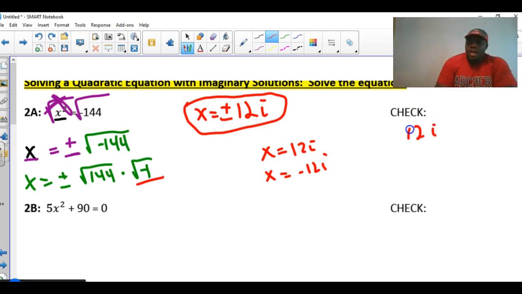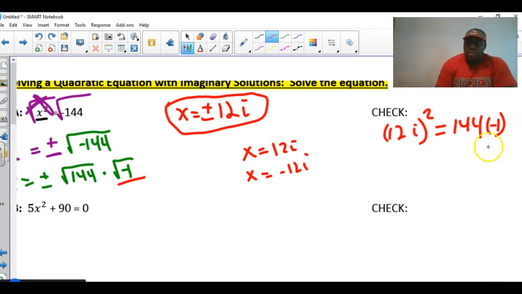If I took 12i and squared it, we know that 12 squared is 144. And we know that i squared, remember, you have to square everything in here. If you remember at the beginning of the notes, we said that i squared is negative 1. So from there, we can multiply to get negative 144. Also, if you were to check the negative 12, see that's plus or minus, so you have positive 12, negative 12.